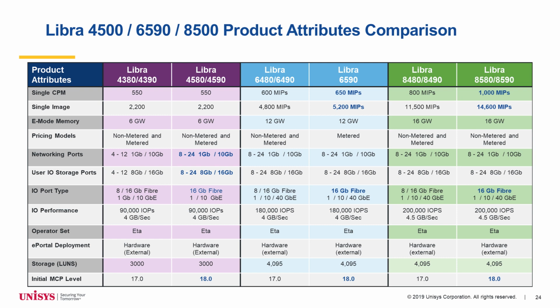We came out with Gold 2 years ago instead of a 4400. But when you look at this, you can see we made improvements in the number of networking ports and the user I/O storage ports. But in order to keep the costs in line with the 4300, we maintained the performance of the Libra 4500 to that of the 4300 and to that of Gold. And that was to keep the pricing in line as well.